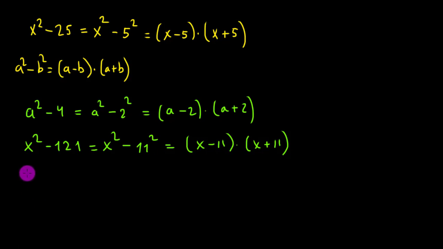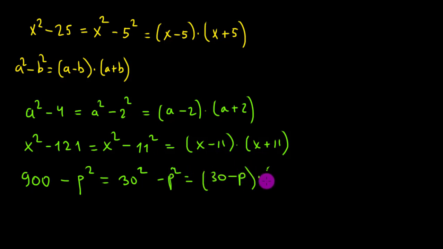So let's say you could write it as this one. How can you write this one? 900 minus p squared. Can you write 900 as a square? Yes, it is the square of 30. Yeah. 30 squared minus p squared will be 30 minus p times 30 plus p. Okay.